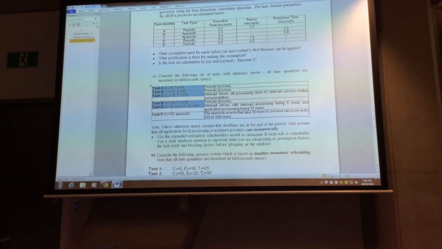No blocking factors. Blocking factors only have an impact upwards, not downwards. And so all we need to do is to see whether or not task F can accommodate its own execution time within the minimum period and all of these preemption factors as well. And that's it.